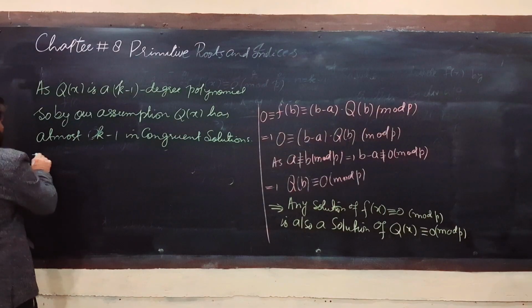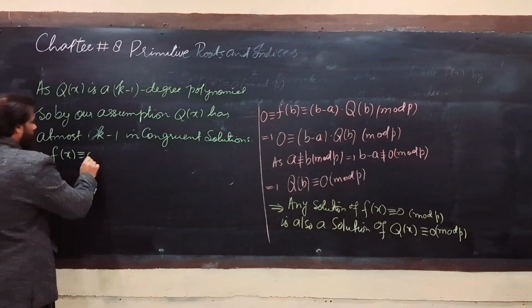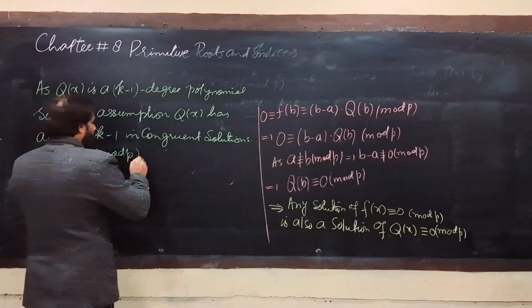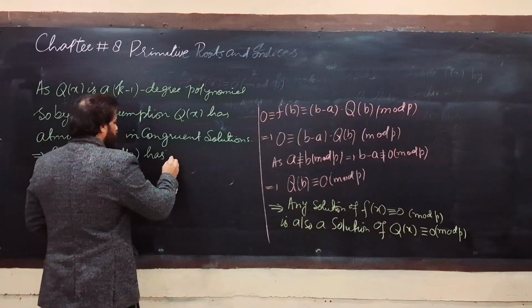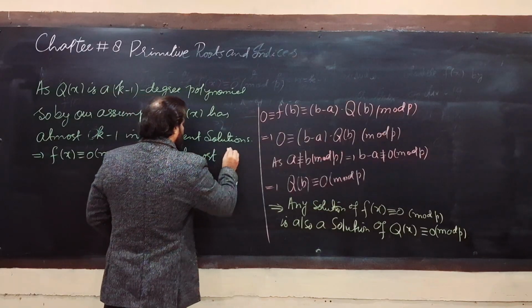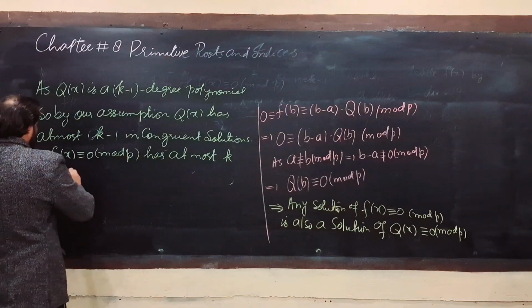This implies f of x congruent to 0 modulo p has at most k incongruent solutions.